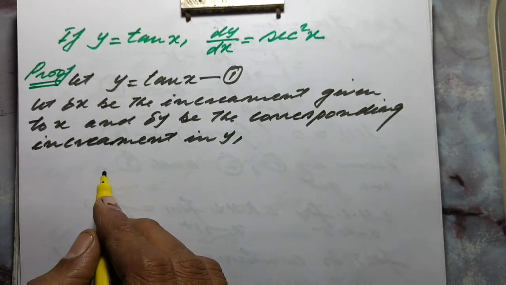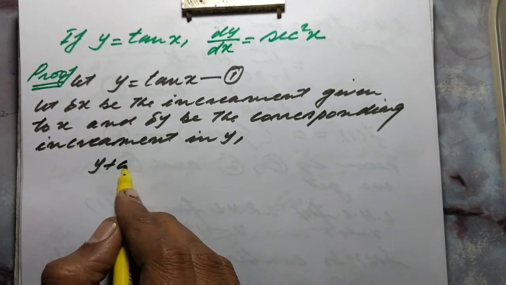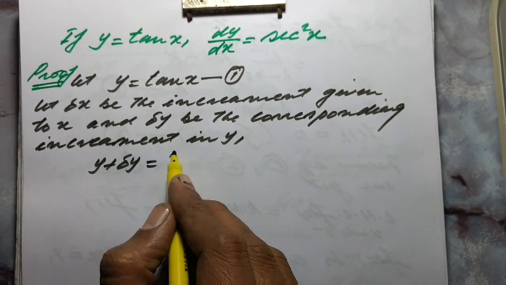So equation number 1 becomes y plus delta y is equal to tan x plus delta x.